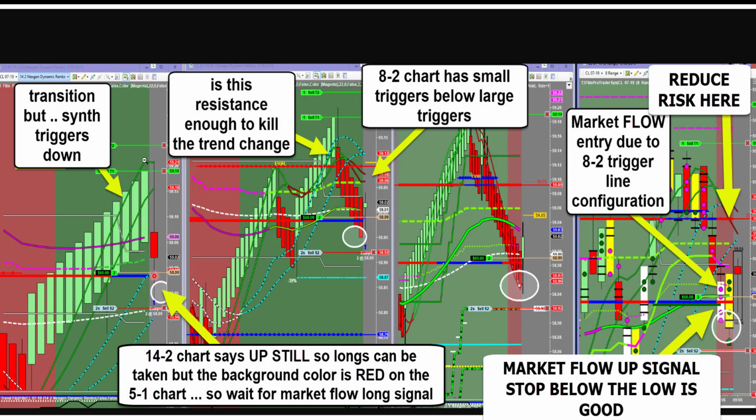And again, the 14-2 chart has to still say it's okay. The smaller charts may disagree, but then if the market flow agrees with the 14-2 chart, you can take that signal.